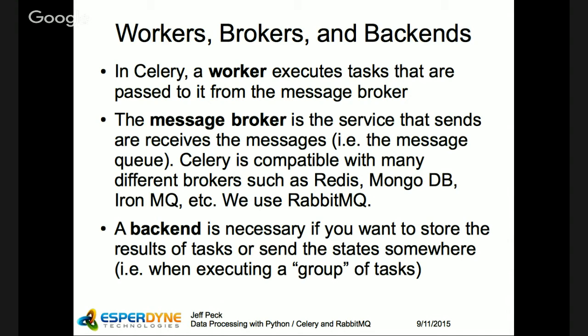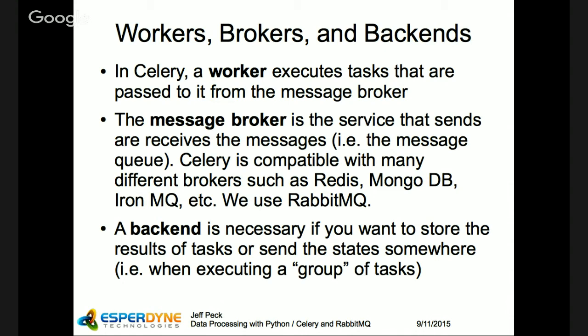Now the backend is really only necessary if you need to store the results. It is necessary if you're doing grouping or chaining and you need to confirm that the tasks came back, with a chord anyway. But it's also useful if, let's say, you want to run a lot of different tasks and store the results somewhere to be picked up later. That's what the backend is for.